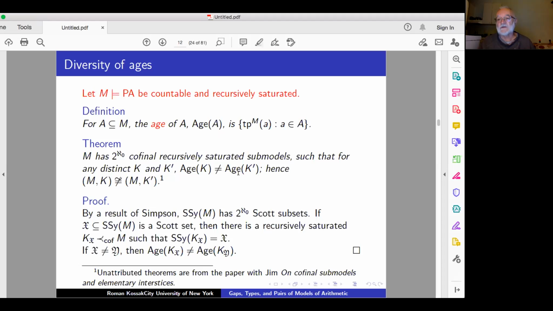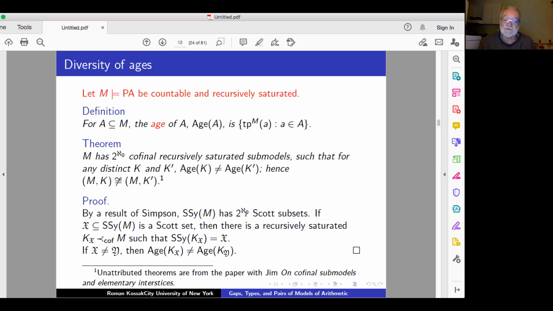Okay, so you can construct, and this is sort of folklore, really, but it relies on this result by Simpson that's unpublished. And this is an exercise, but you have to think about this for a moment. About every Scott set, well, we're talking about countable Scott sets, but every Scott set has continuum many Scott subsets.